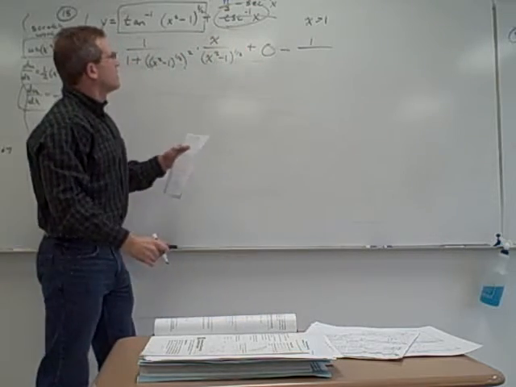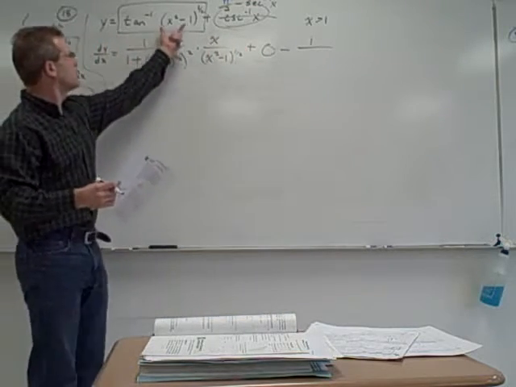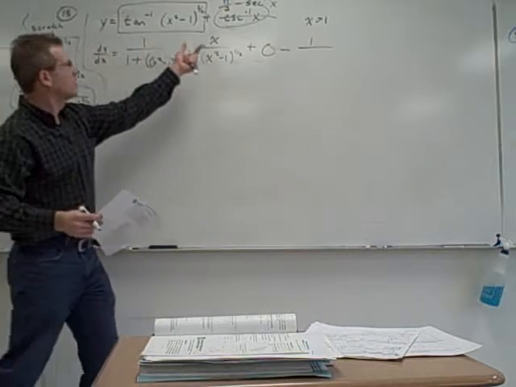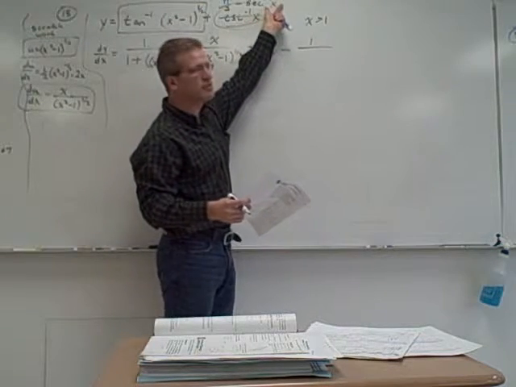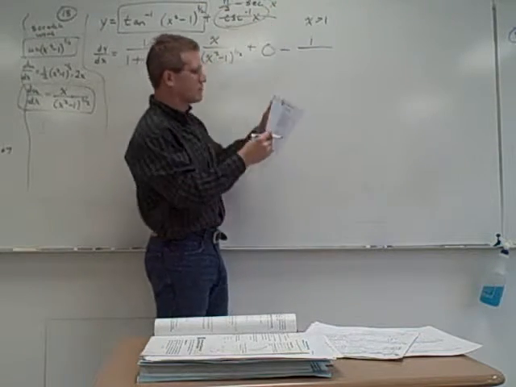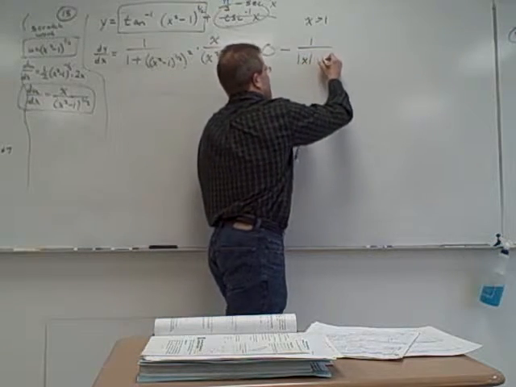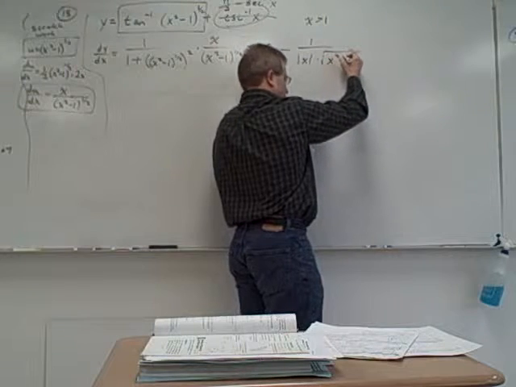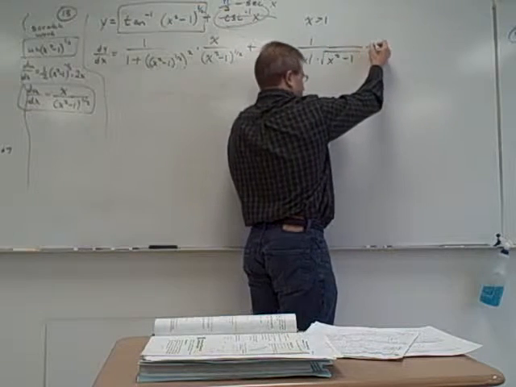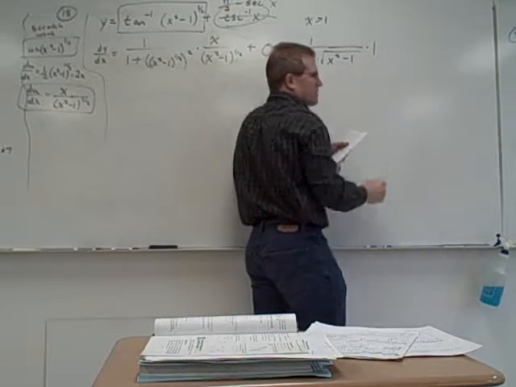Now, u is no longer this big expression here. Now that we're on this second part here, u is just equal to x. So it's going to be the absolute value of x times the square root of x squared minus 1 times the derivative of x, which would be 1.